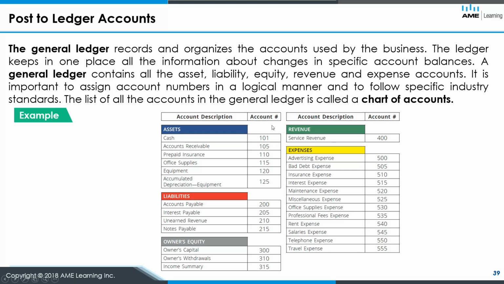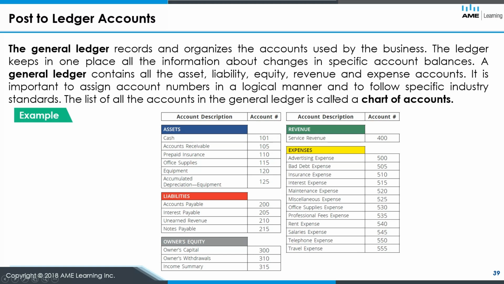So these are just identifiers. They're not amounts or anything like that. They're just the number that is correlated with that specific account. The chart of accounts is just a whole listing of all the accounts that we have that are active and what their account numbers are.